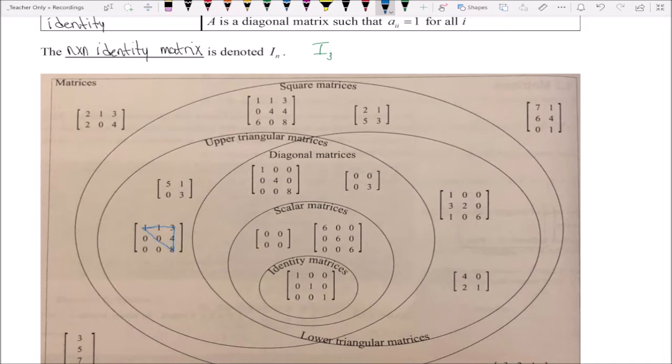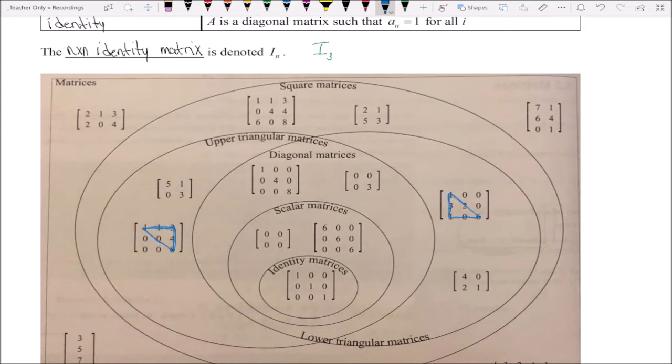We can draw this as a triangle that points upwards for the non-zero entries, but you can have 0 entries up here. As long as everything below that triangle is 0, then it's upper triangular. Likewise, with lower triangular, we can draw a right triangle pointing downwards.